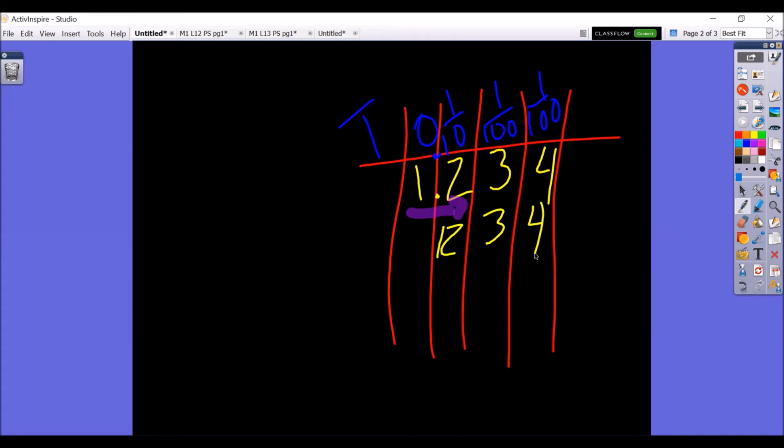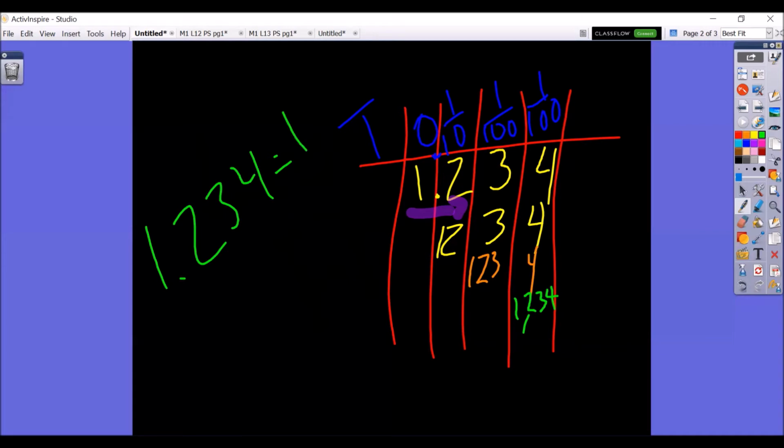So this would be 12 tenths, 3 hundredths, and 4 thousandths. And then we can even decompose down into the hundredths place, and we would have 123 hundredths with 4 thousandths left over. And then we can decompose once more all the way down to our smallest unit, and we would have 1,234 thousandths. So 1 and 234 thousandths can be decomposed in multiple ways.